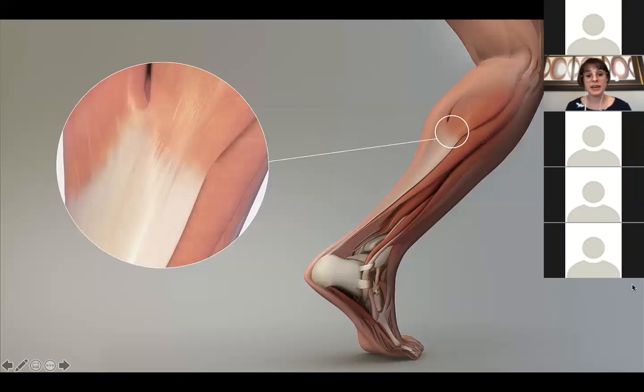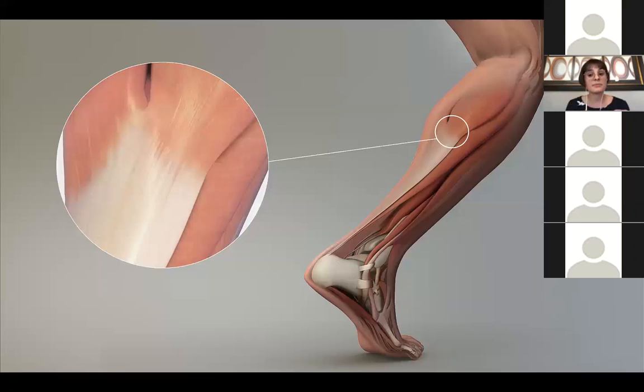For example, here we have the Achilles tendon in this picture, which is known to be a very strong tendon that stores and releases a lot of energy. Kangaroos, who are really jumping, have very compliant tendons because they store the energy and then release it.